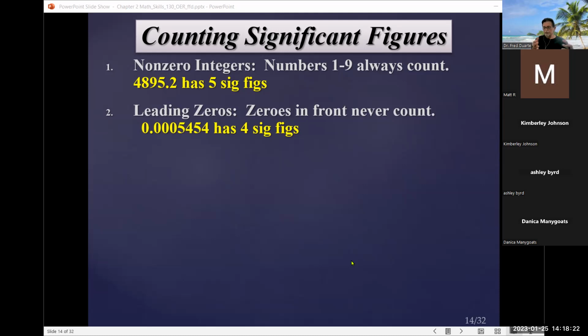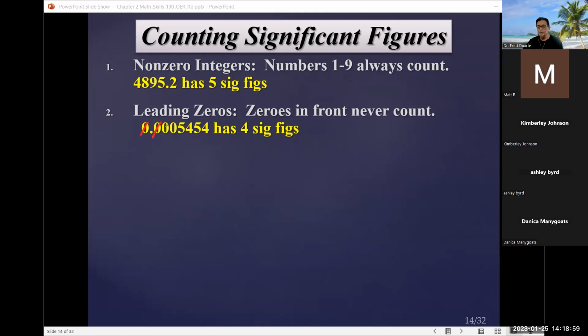Now, the basic rule is this. If it's a leading zero, basically if it's a number less than 1, those zeros are just putting us in the decimal place position. They don't play a role in being significant with respect to the final answer. So the 0.000, the zeros up front, are not significant. We're not ignoring them, we're ignoring them only because they won't be used to determine how many sig figs.